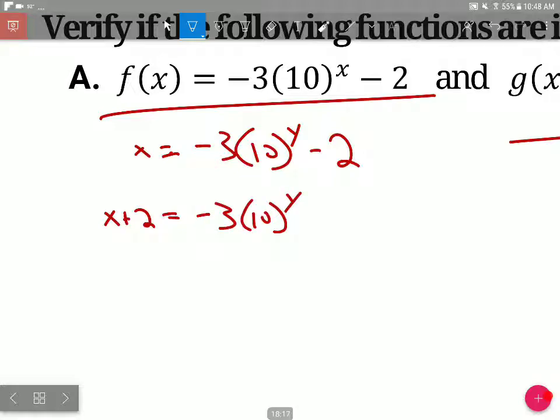What are you going to do next? Divide by what? Just the 3? Take the negative with it. If you've got a negative in front of it, take the whole piece. So x plus 2 over -3 equals 10 to the y.